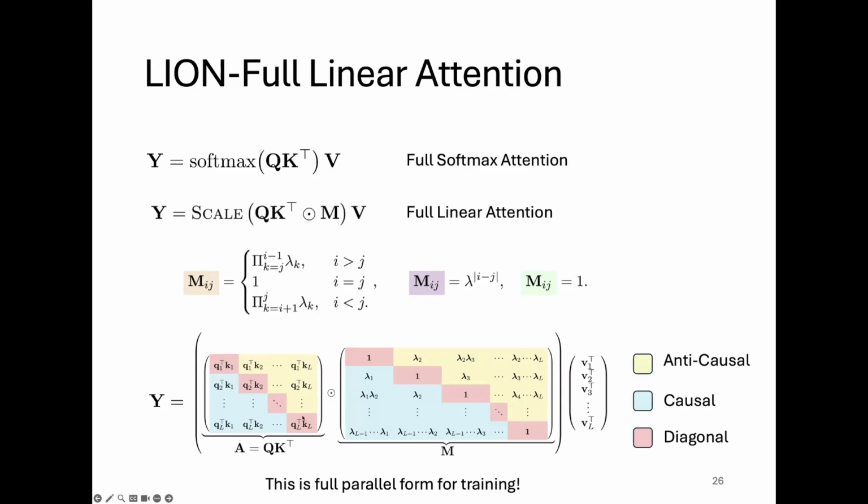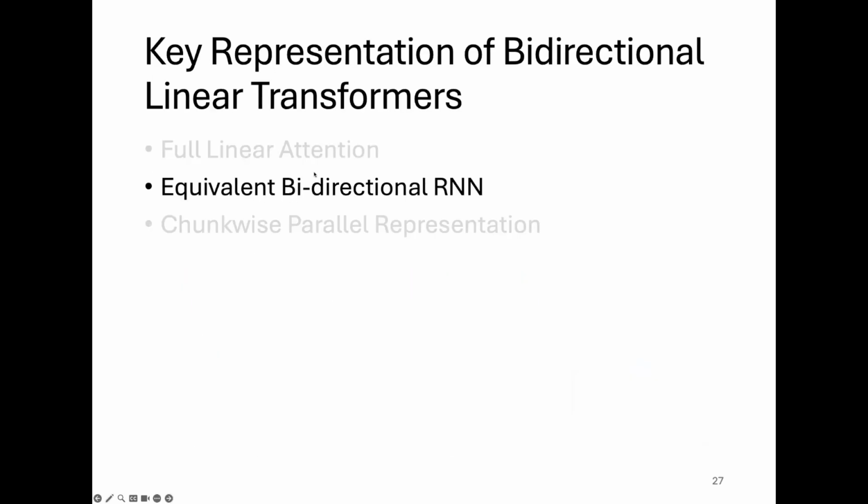The diagonal terms are present in both directions, because the attention of a token on itself is always present in both directions. So this is the full parallel form of linear attention, which we constructed. Basically, we have done our first component of the bidirectional linear transformer, which is the full linear attention.